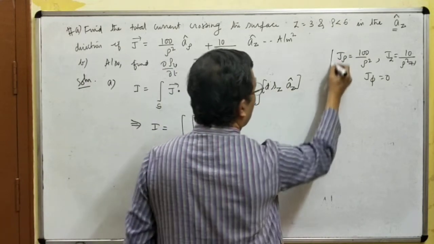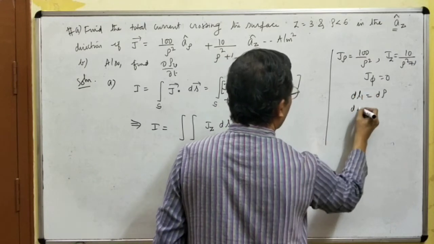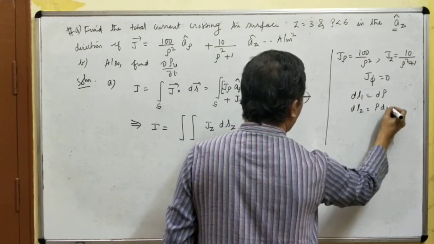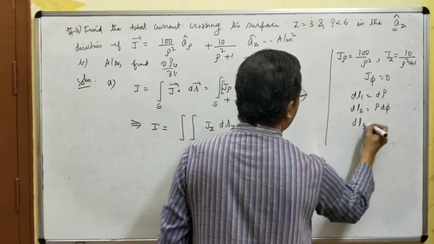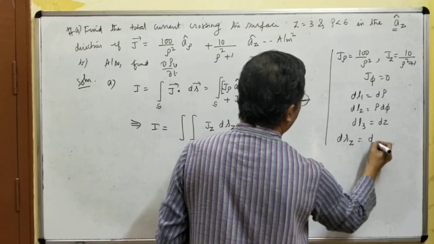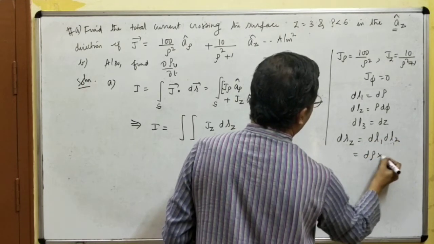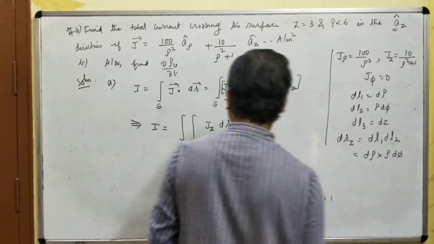In a cylindrical coordinate system, dl1 is d rho, dl2 is rho into d phi, dl3 is dz. Therefore, dsz is dl1 into dl2, which is rho d rho d phi.